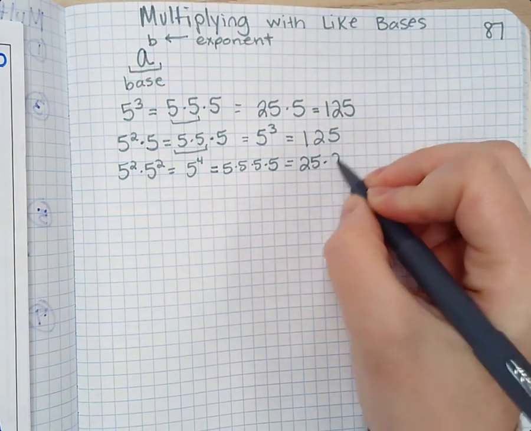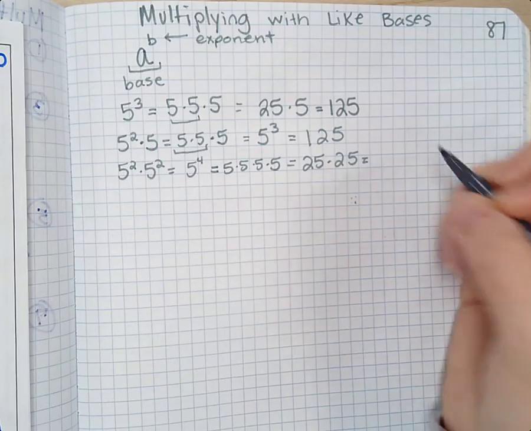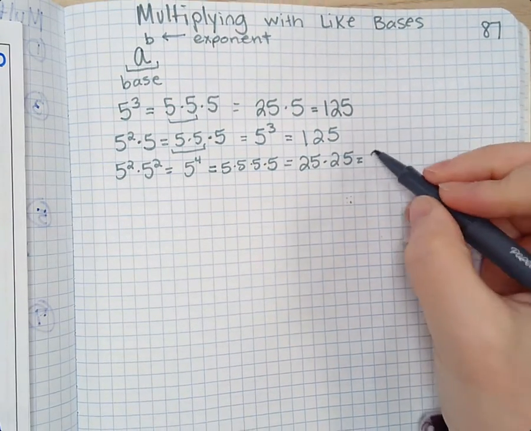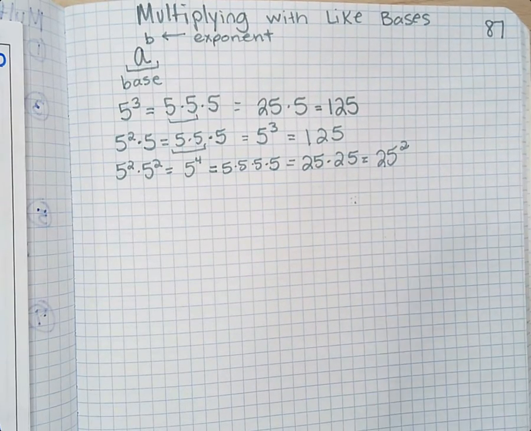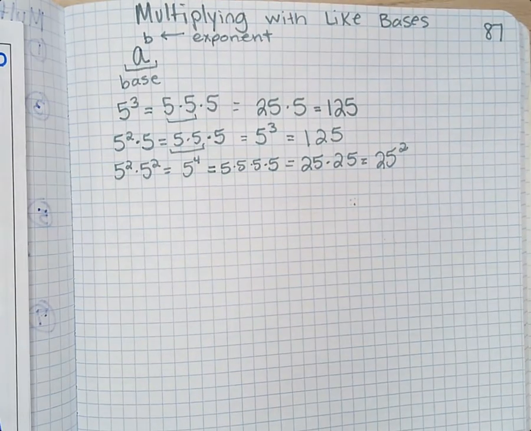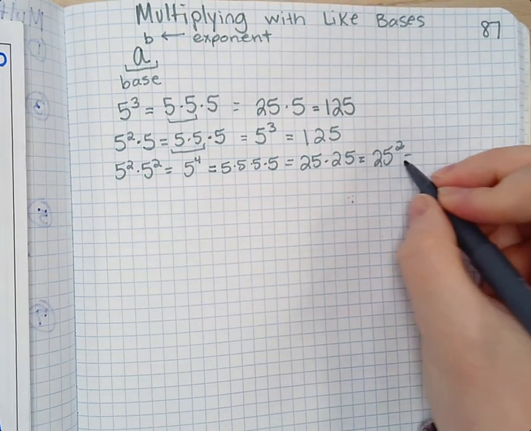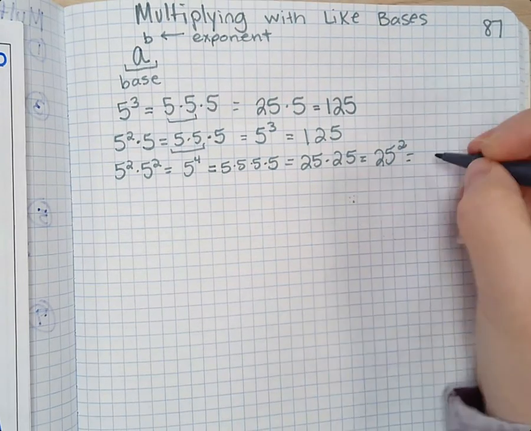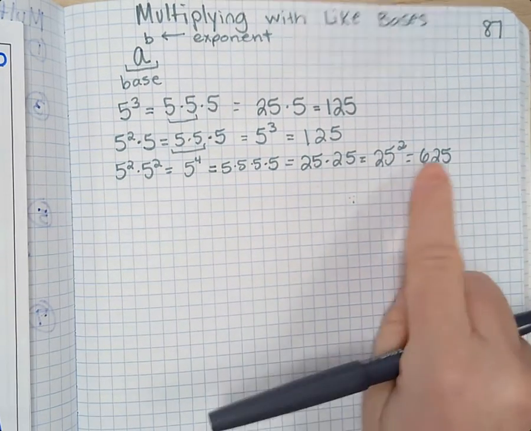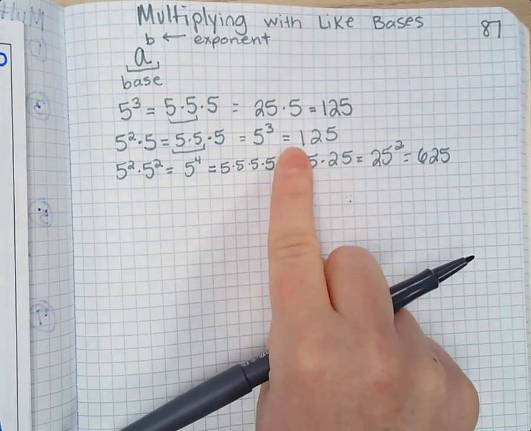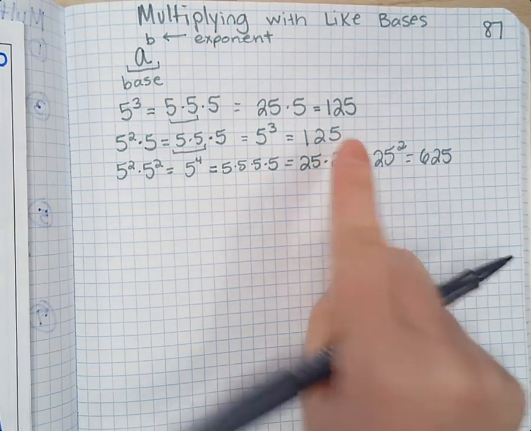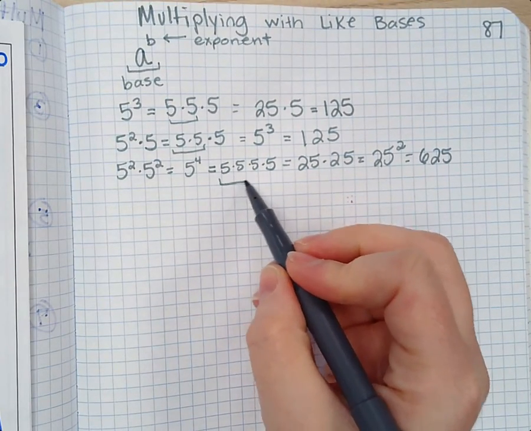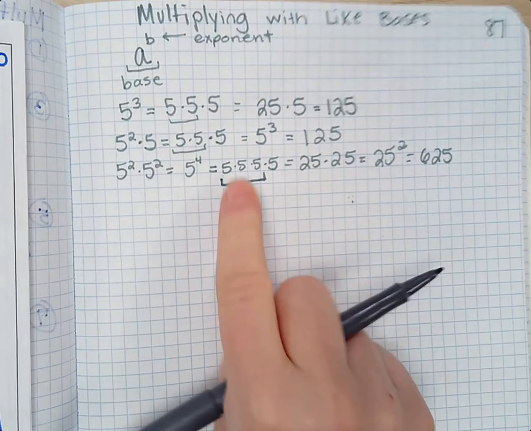25 times 25. That's one of those perfect squares. 25 squared. Do y'all remember your perfect squares? This is usually the last one that we learn before we just use the calculator after that. 25 squared is 625. Okay, could we think about this in terms of the 5 to the third power? So we could just use that 125, because this is 5 to the third, the 5 times 5 times 5.